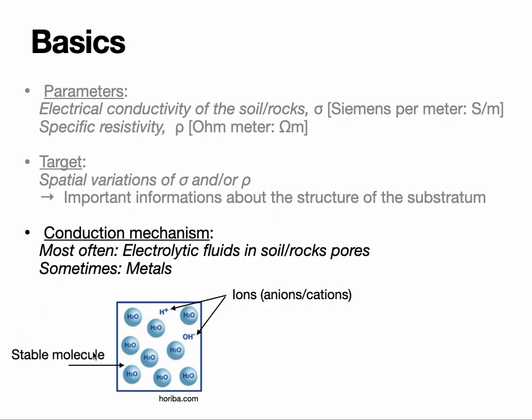Here you have an example of water, which is composed of a lot of stable water molecules, but sometimes some water molecules are dissociated into ions. So you have H plus and OH minus, and these will be the electrolytes inside the fluid. Of course, in rocks and in the soil, you will have a lot of different electrolytes like sodium and so on.